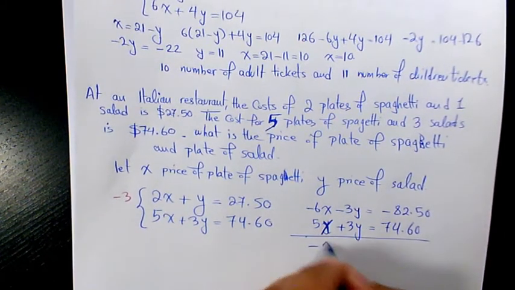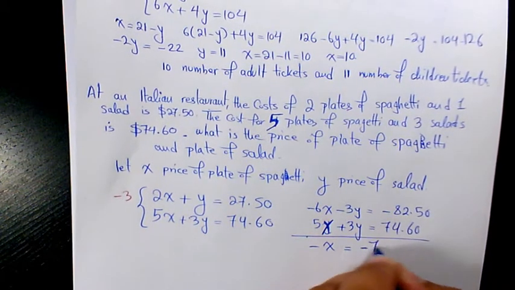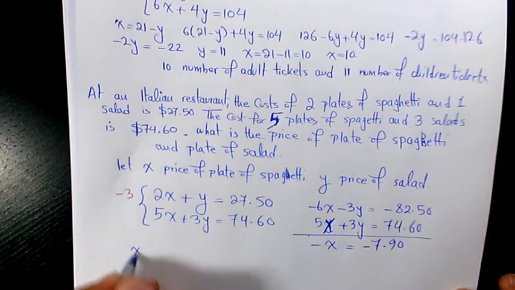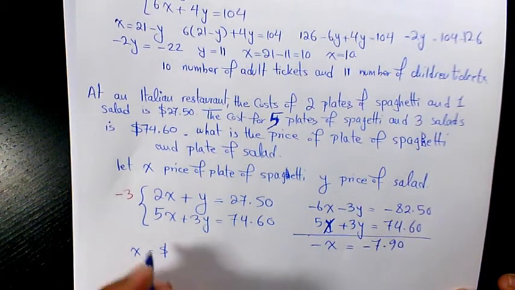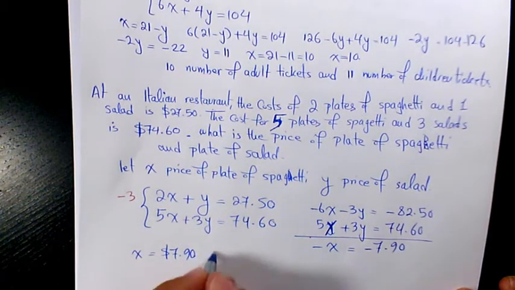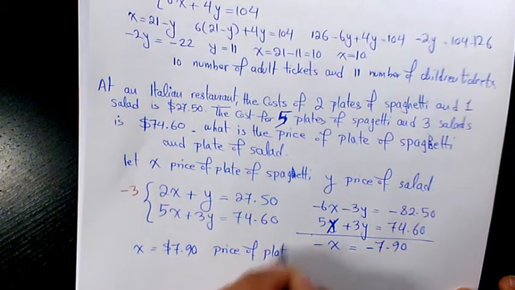That's going to be negative x equals to negative $7.90. So it means that x is $7.90. That's the price of a plate of spaghetti.